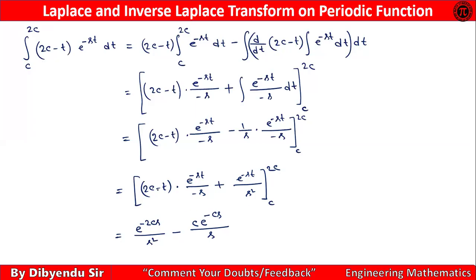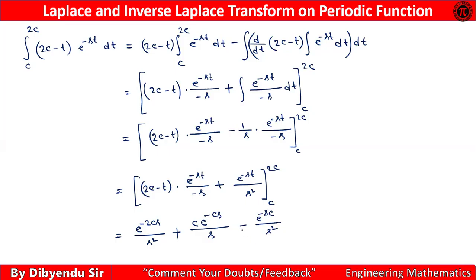If I put c, that will be c e to the power minus cs divided by s, and this is minus minus plus. Now minus, you have to put t equals to c, so minus e to the power minus cs divided by s square. This is the answer. So e to the power minus 2cs divided by s square plus c e to the power minus cs divided by s minus e to the power minus cs divided by s square.